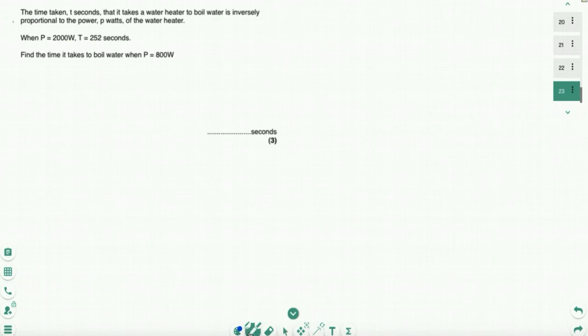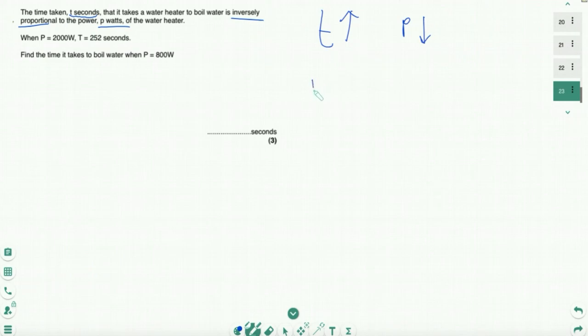The time taken to boil water is inversely proportional to the power. So let's underline some keywords. So the time taken, which is t seconds, is inversely proportional to the power, which is P, of the water heater. What that means, guys, is that the relationship between T and P is inversely proportional. So as T rises, P will drop, okay?